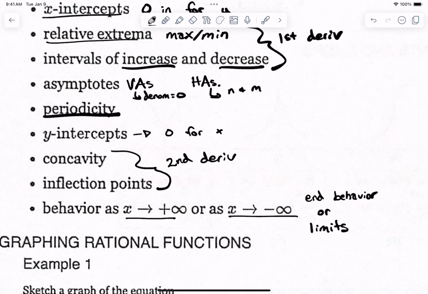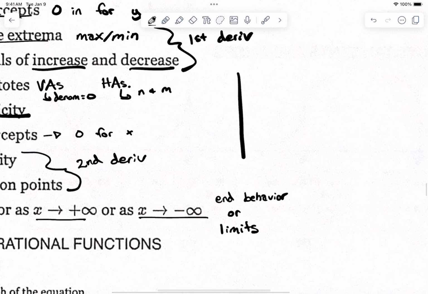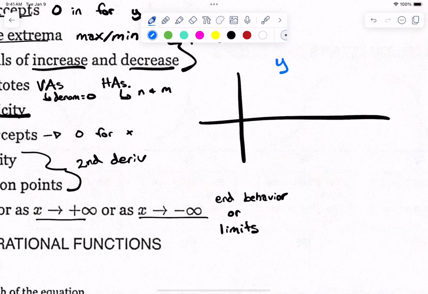Periodicity, for example, you don't have to write this down: if I'm graphing y equals sine of x, you don't know this yet, but you will shortly. In trig, the graph of sine looks like that, and then it continues on forever, left and right.